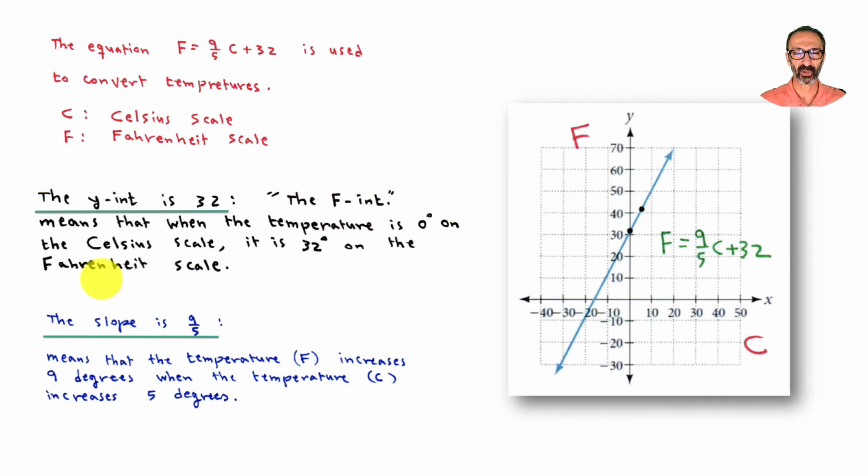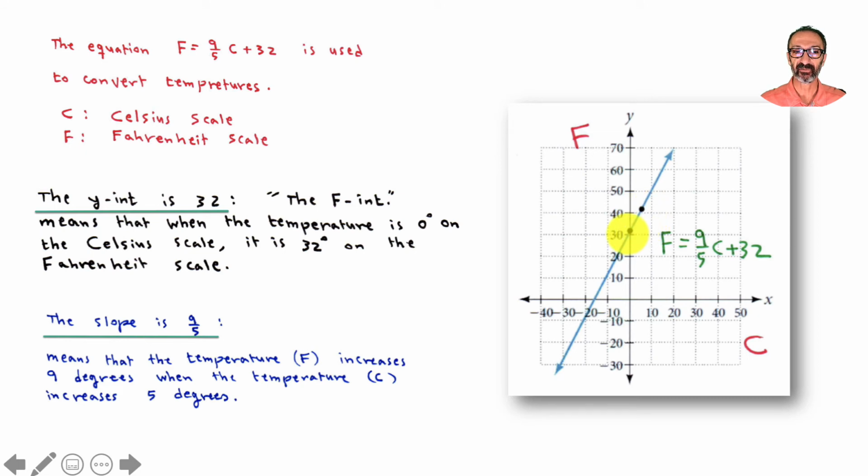Now the slope is saying 9 over 5, but 9 corresponds to my y, or rise, and 5 corresponds to my x, which is C. So I'm gonna rise 9 and I'm gonna run 5. Differently, I could run 5 and rise 9.